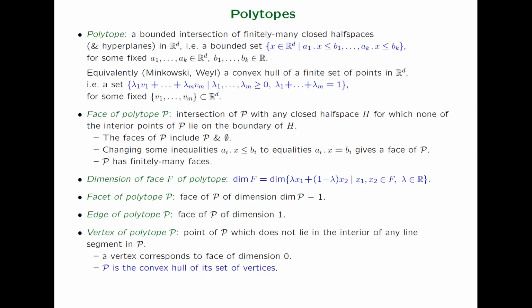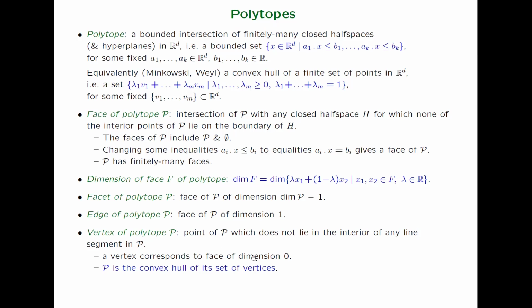The dimension of a face is the dimension of the affine hull of the points in that face, which in the case of a convex polytope is actually just the lines that can be formed by any two points in the face. And then you take the dimension of that affine hull. A facet is a face of dimension one less than the dimension of the whole polytope. An edge is a face of dimension 1. And a vertex corresponds to a face of dimension 0.